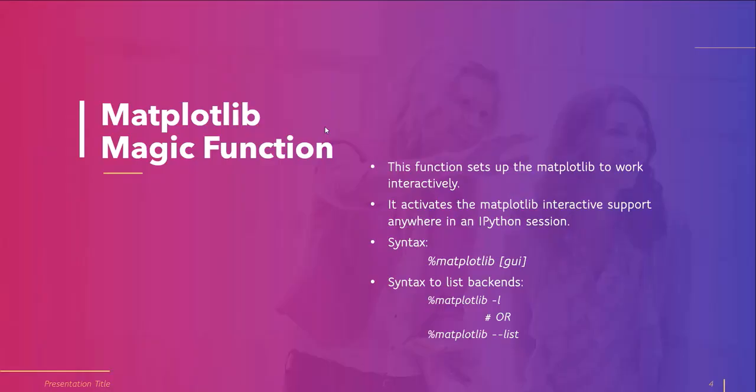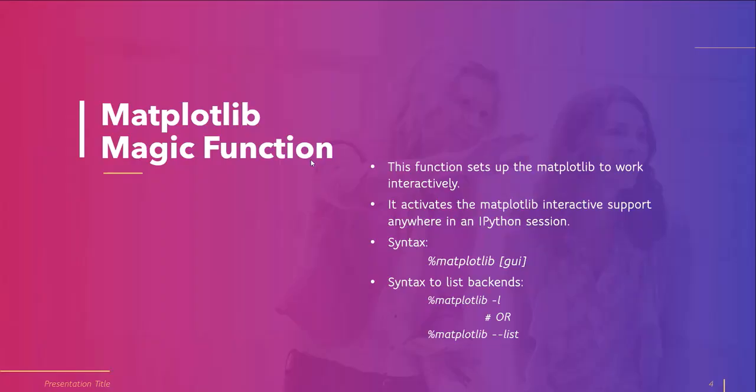The syntax to call this function is %matplotlib GUI. Here GUI is the name of the Matplotlib backend to be enabled by calling the function. We can provide the backend as inline, notebook, Qt, Qt4, Qt5, TK, PDF, and many others also.